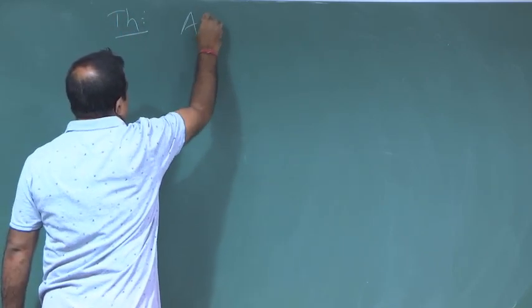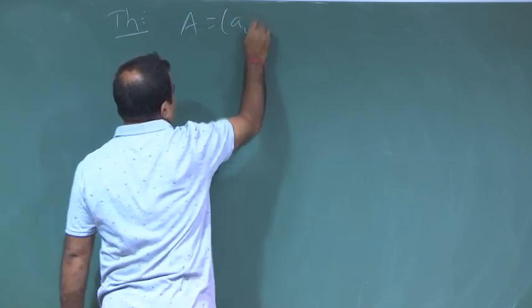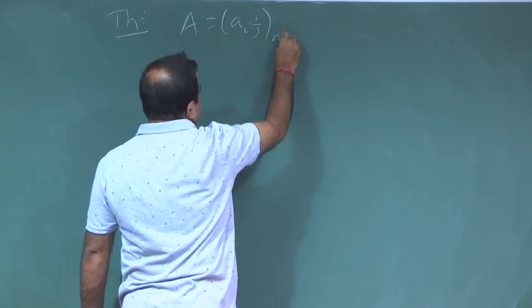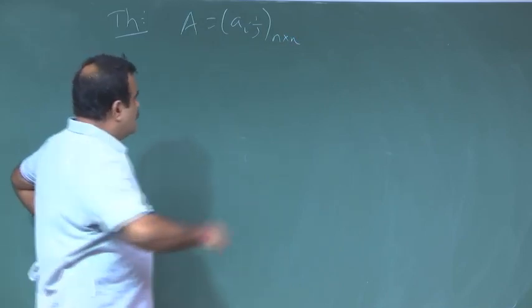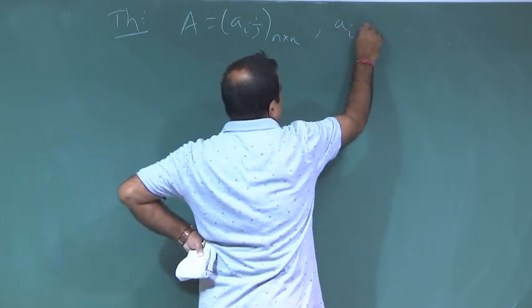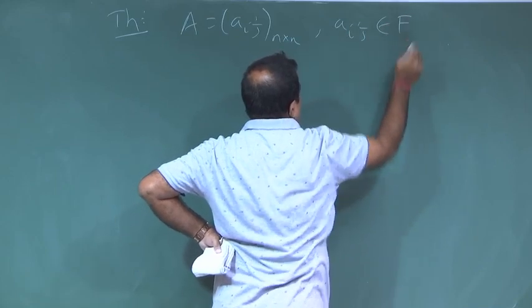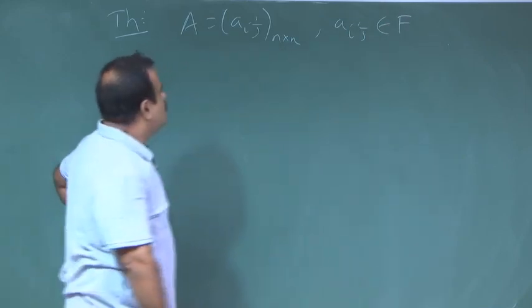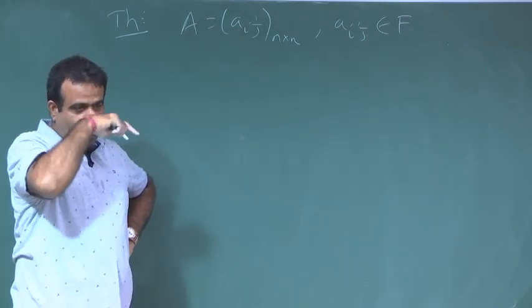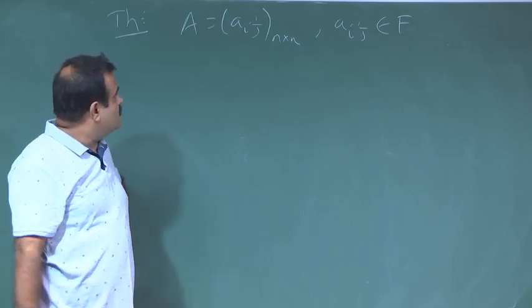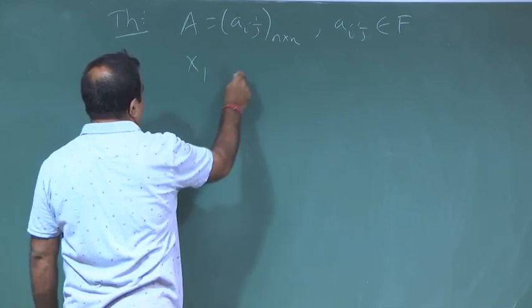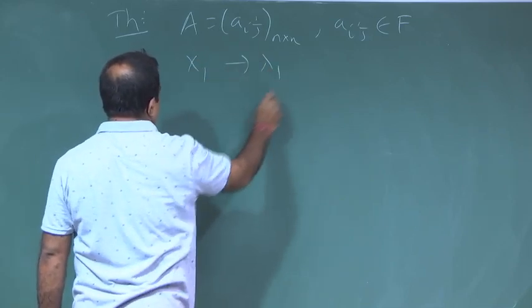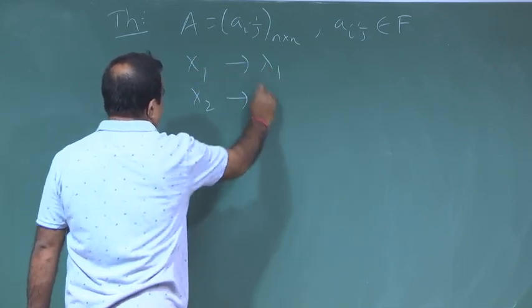Again, suppose A is a square matrix with entries a_ij coming from the field, and suppose you have two eigenvectors, x1 corresponding to lambda 1 and x2 corresponding to lambda 2.